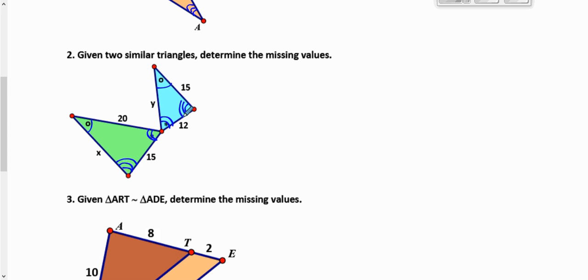All right, so for X here, I'll do small over big for X, right? So if I do 15, oh, we have to find the y. Thank you. Find them all. 12 over, well, this other 15, right? So we get 12x equals 225.